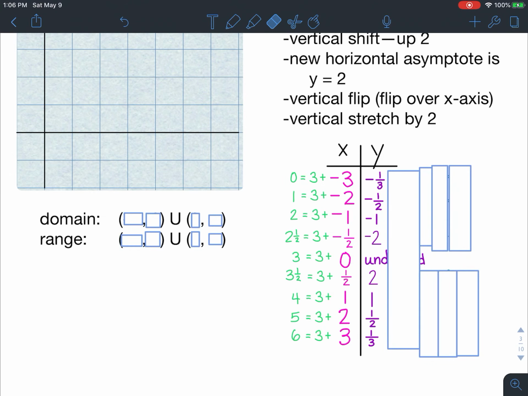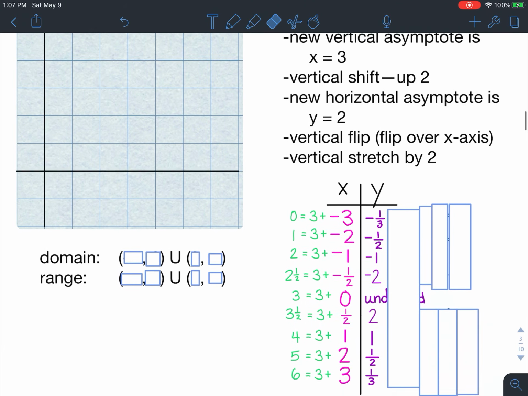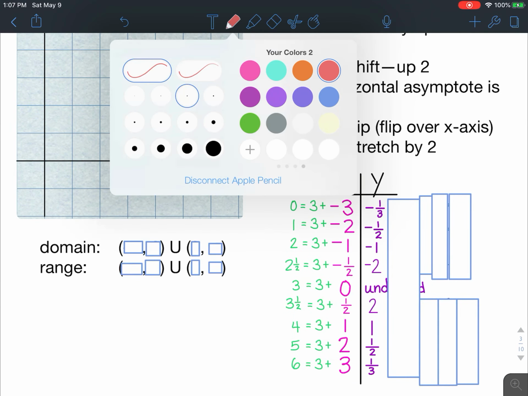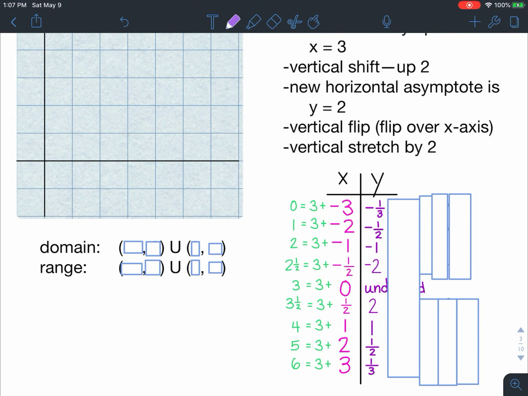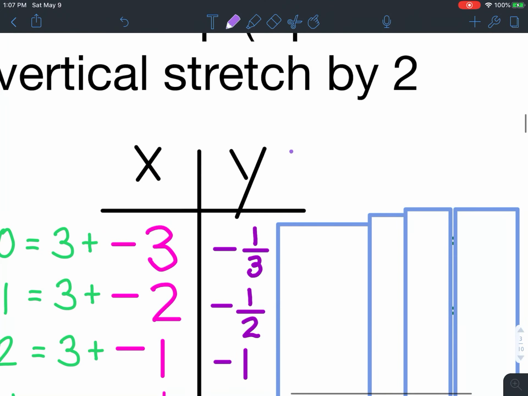Okay, now the y's, you have to do that in a particular order. So, I'll go back to purple here. The y's, first you'll have to multiply them by -2. So you can do the flip and the stretch in one step sort of.